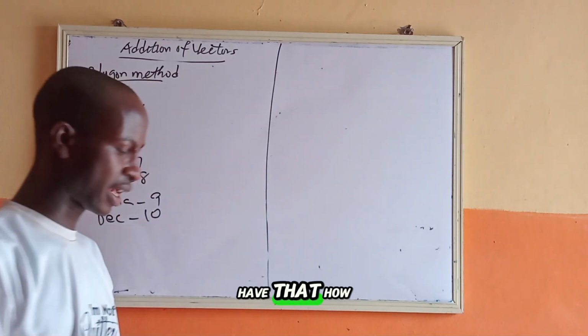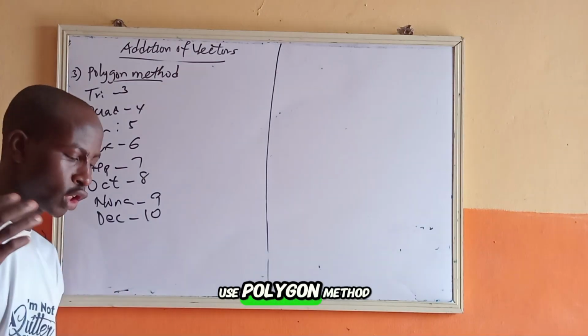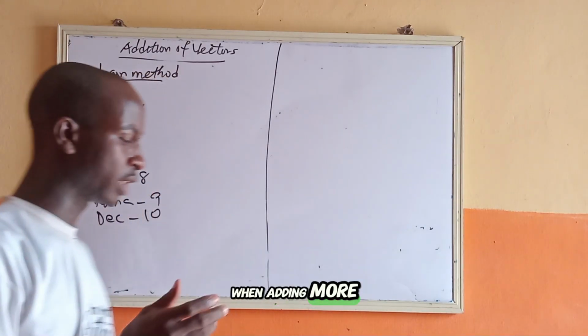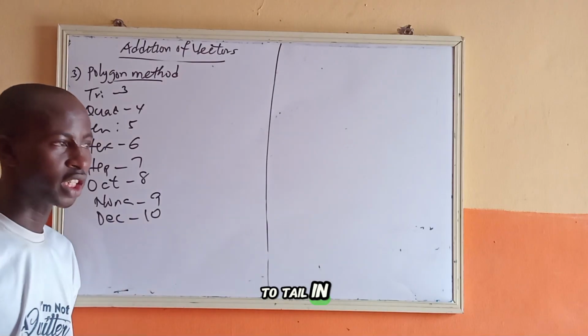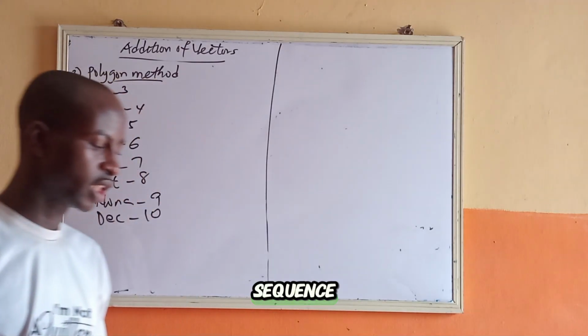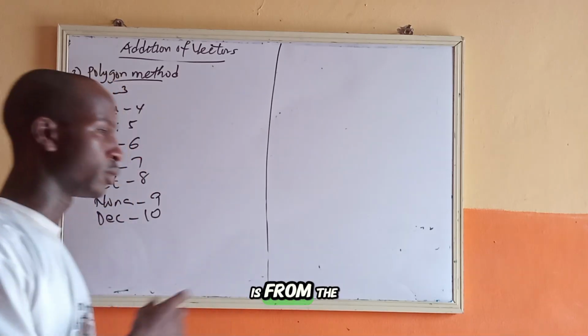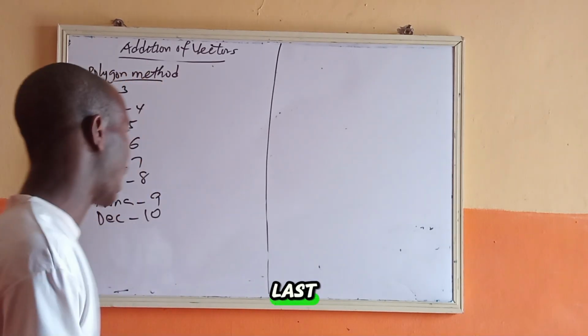So there is a possibility that your vector resulted in more than four directions. If you have that, how do you solve it? We use the polygon method when adding more than two vectors. Place vectors head to tail in sequence. The resultant is from the tail of the first to the head of the last.